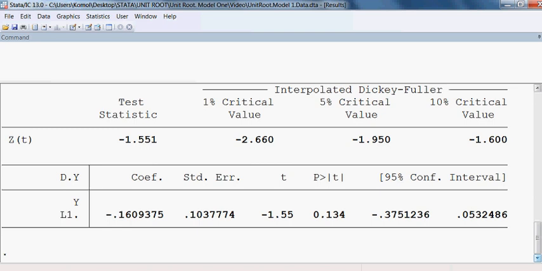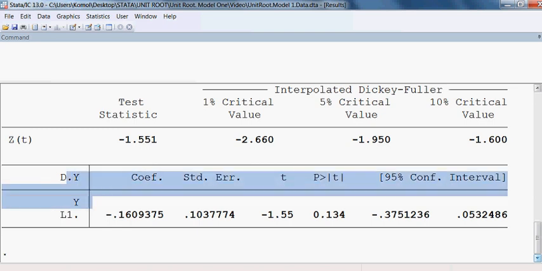So variable y has unit root. And this one is our third model of the Dickey-Fuller test.